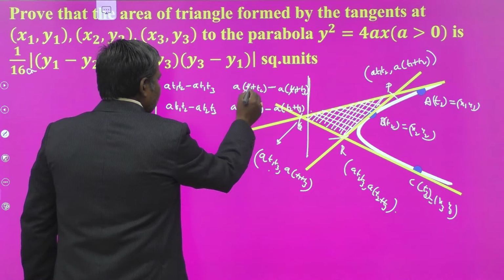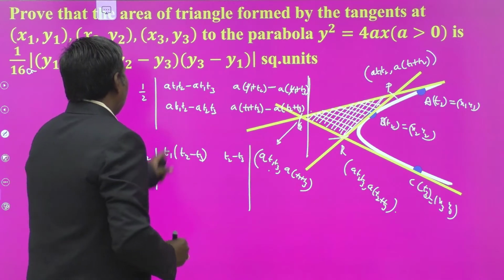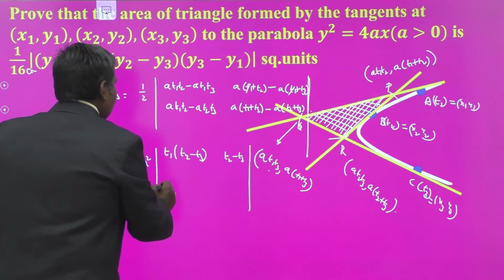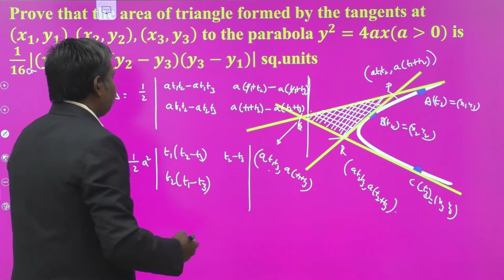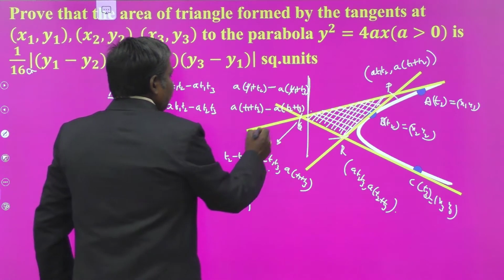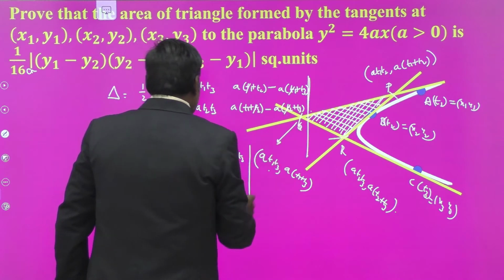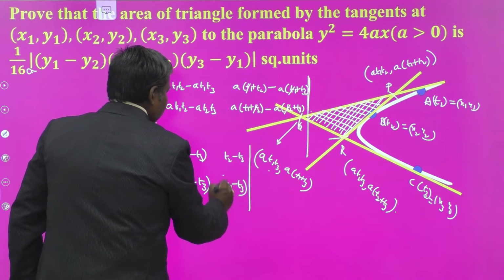A is common. T2 minus T3 is obtained. What about here? What you can take common here? T2 into T1 minus T3. Again, what will be cancelled? A T2 and A T2 get cancelled here. A into T1 minus T3. A already common. T1 minus T3 is there.